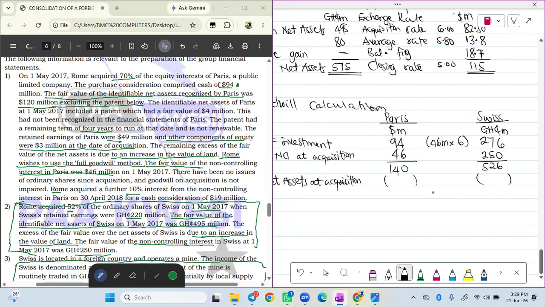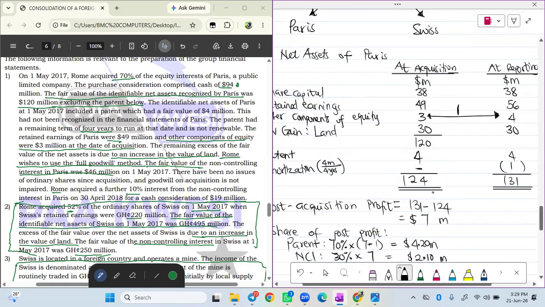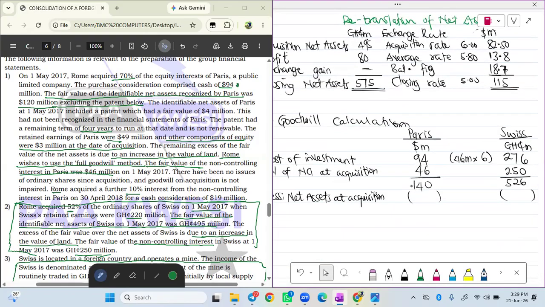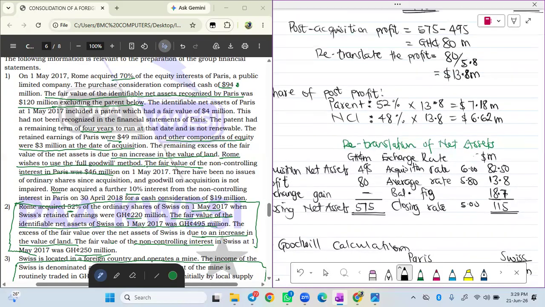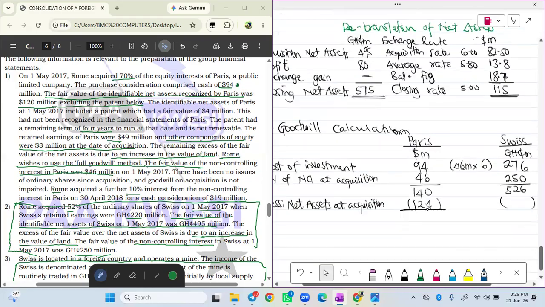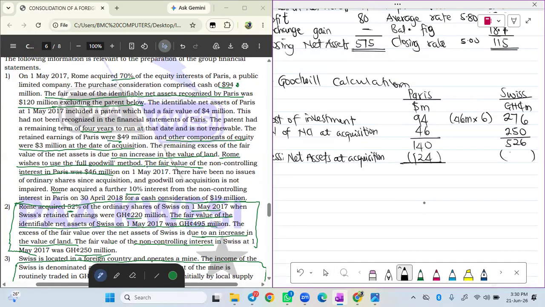So let's pick their net asset at acquisition. For Paris, the net asset at acquisition was 124 million, in dollars, the functional currency. For Suez, the net asset at acquisition in Swiss currency was 495, as we determined, or even the question gave us that 495.